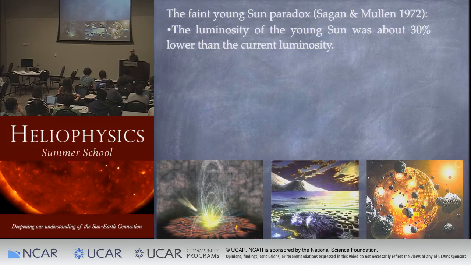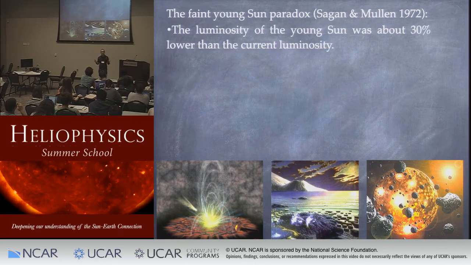So when the sun was young, it was about 30% more luminous. Less luminous, sorry. The luminosity goes with age. So it was about 30% less luminous. And if you calculate the irradiance at the Earth and the surface temperature of the Earth during the young sun time, the temperature was supposed to be below freezing.